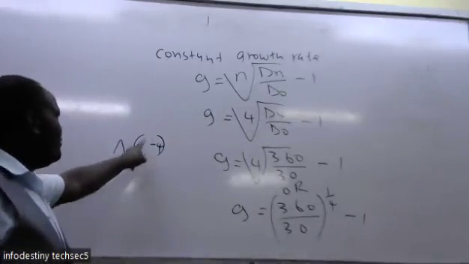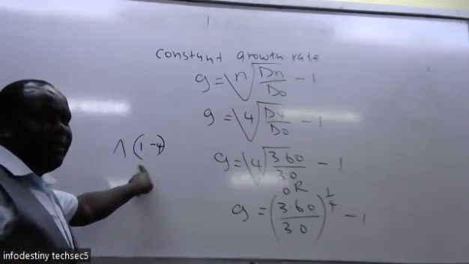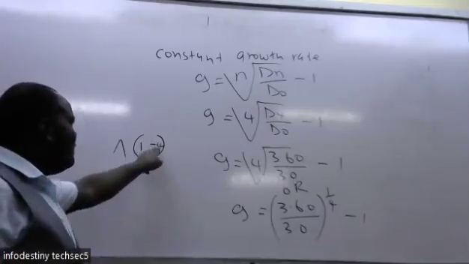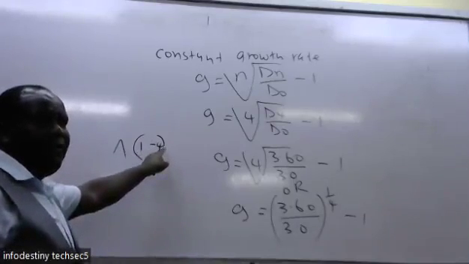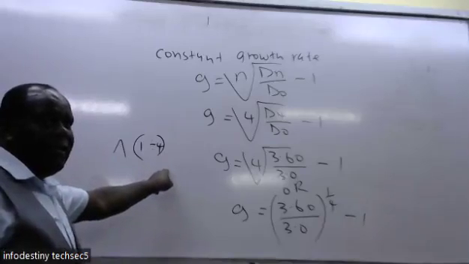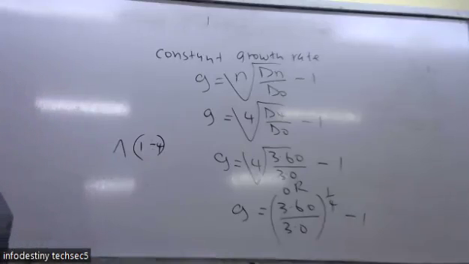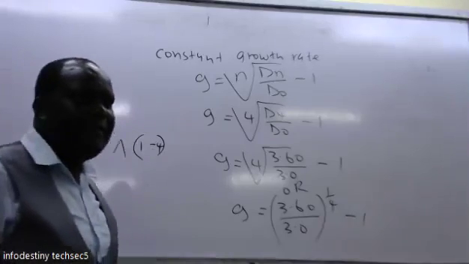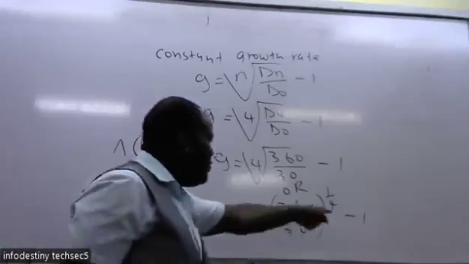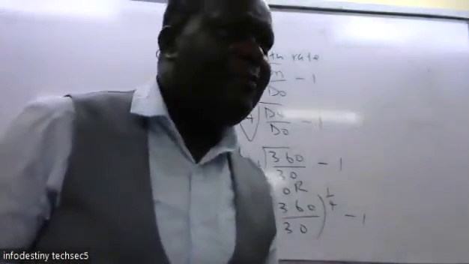Then you open the brackets, then 1 divided by 4, you close the brackets. Then press the equal sign. You get the answer. Then subtract 1. What do you get?